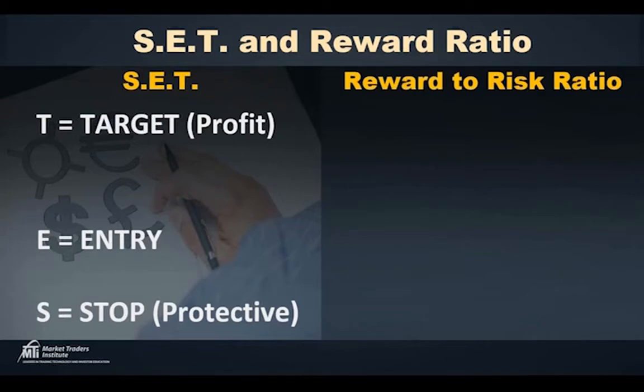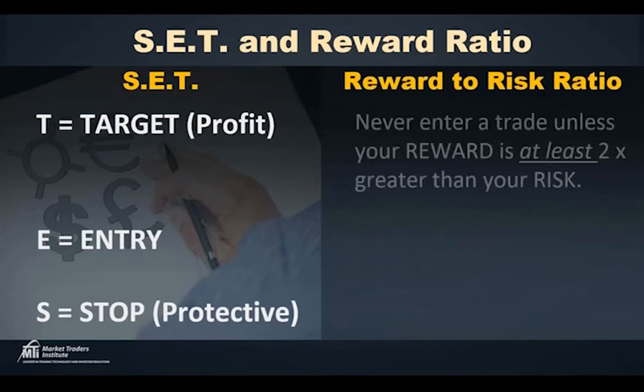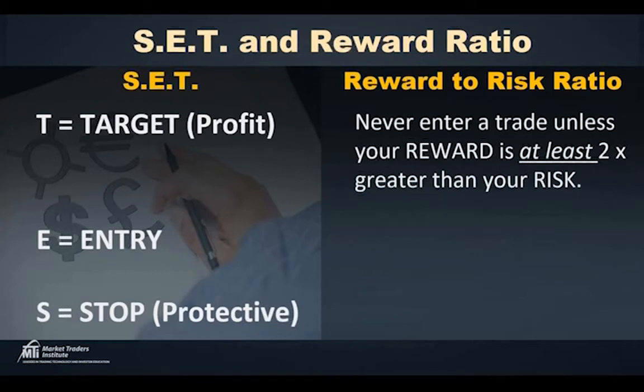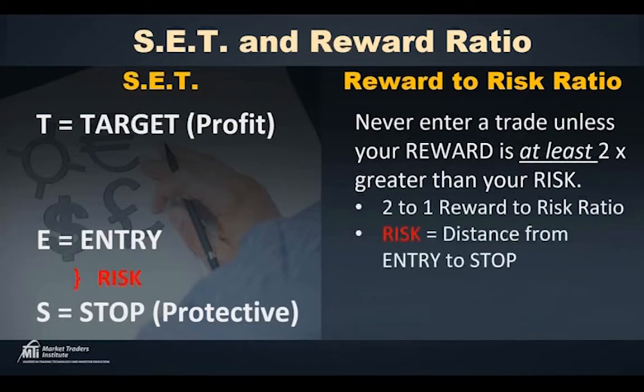And in all the trades that we teach students, we teach you how to look for what's called a 2-to-1 or greater reward to risk ratio. And you can set your own individual rules. We help you set what we call trade rules. But for me, for example, I'll never enter a trade unless the reward is at least 2 times greater than the risk, okay? We call this a 2-to-1 reward to risk ratio.